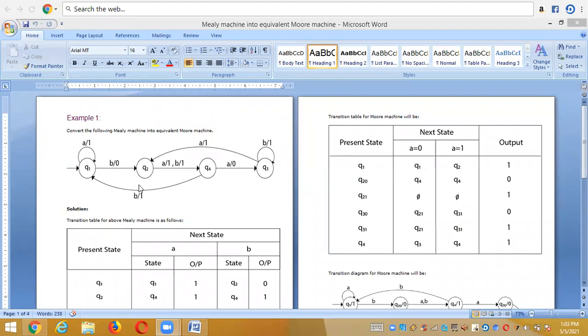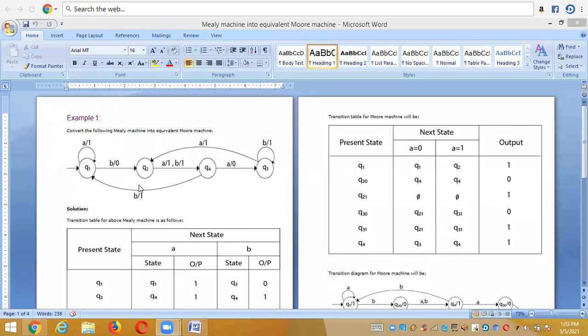By following that procedure, just check the state and its output alphabet. By checking, we decide what to do. And after that, finally we draw a table and say that it is the equivalent Moore machine table.